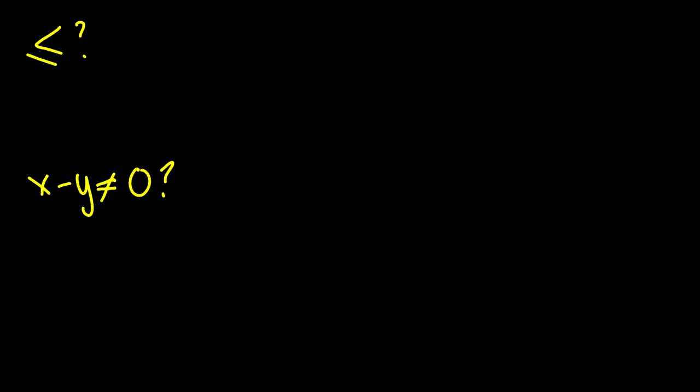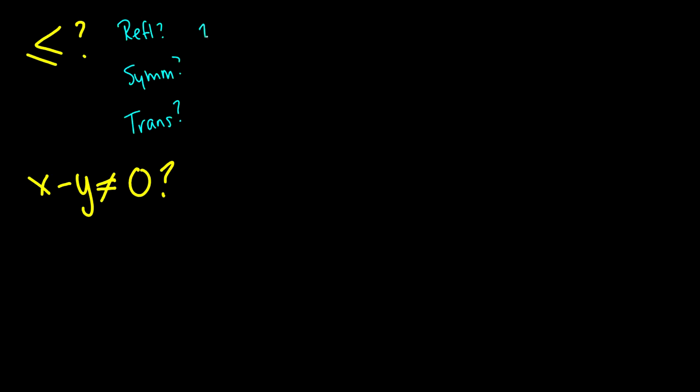Let's take a look at some operators here. The less than or equal to sign. Is it reflexive? Is it symmetric? Is it transitive? Well, let's put in a couple elements and see. Reflexive says that everything is related to itself.